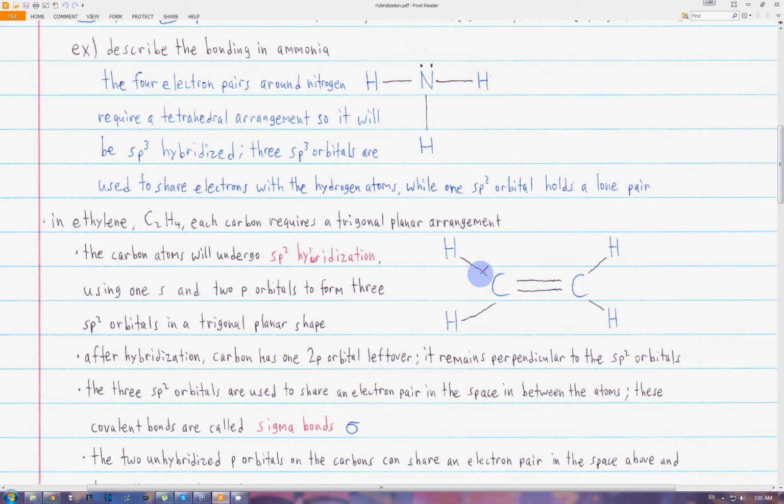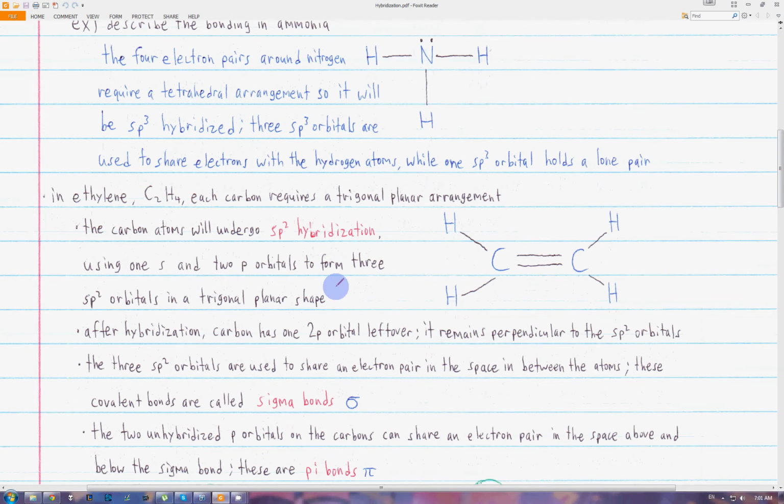So to get the trigonal planar arrangement, it undergoes sp2 hybridization, using 2s and 2p orbitals to form 3 identical sp2 orbitals. And so remember that the p level has 3 orbitals, so since sp2 hybridization only uses 2 of them, it has a leftover 2p orbital.